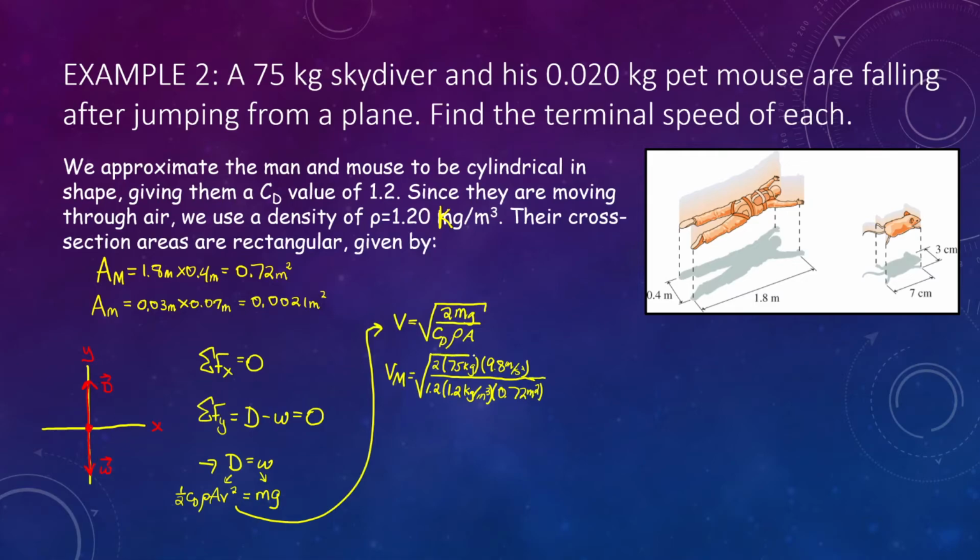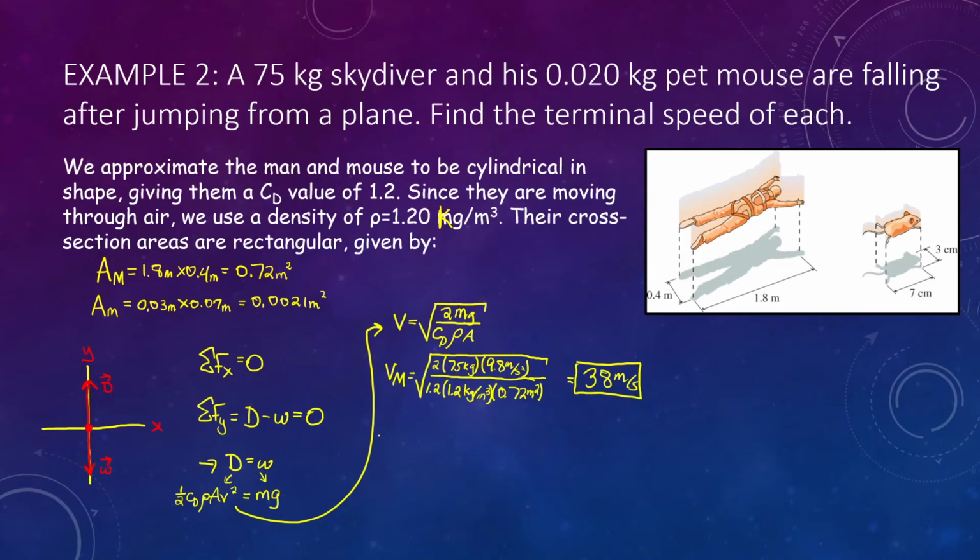Okay, so all of this is underneath our square root. Hopefully we plug this into our calculators appropriately, and we would get an answer for the terminal speed of the man to be about 38 meters per second. Okay, that's technically one of our answers.